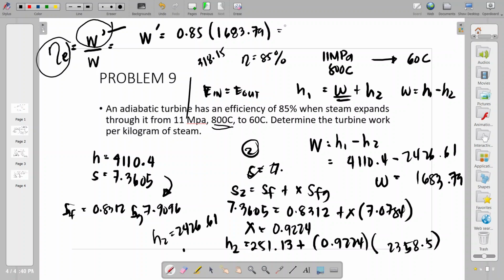Okay. So, that is equivalent sa 1431.22 kilojoule per kilogram. Okay. So, this is our final answer. And this ends our video for adiabatic steam process. Thank you very much.